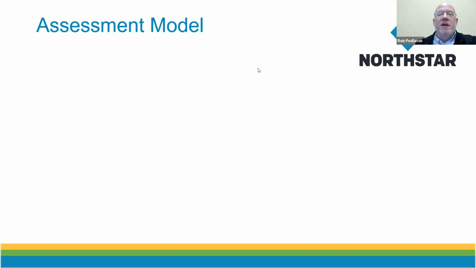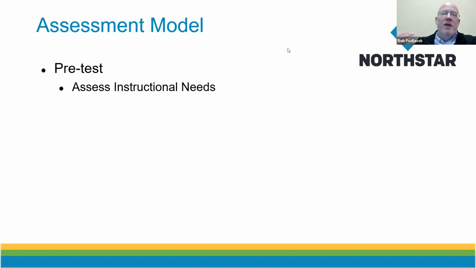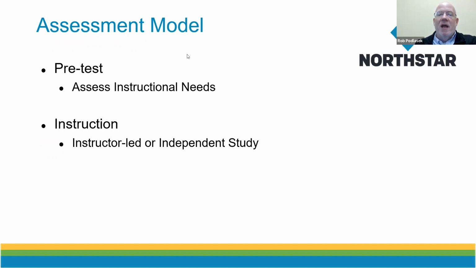So Northstar has an assessment model of pre-test. Okay, so the idea is a student will take an assessment to assess their instructional needs, and then they will get instruction. So that might be instructor-led, so a teacher or a tutor in your program. It might be independent study working through the Northstar online units. It might be them saying, oh, I'm going to go home and ask the person in my family that I ask my digital literacy questions to.